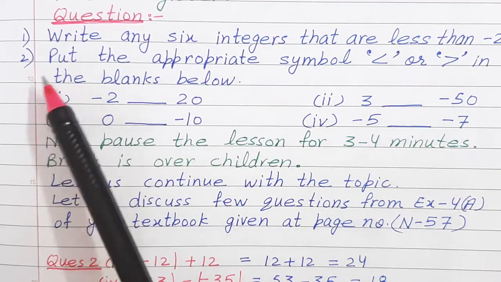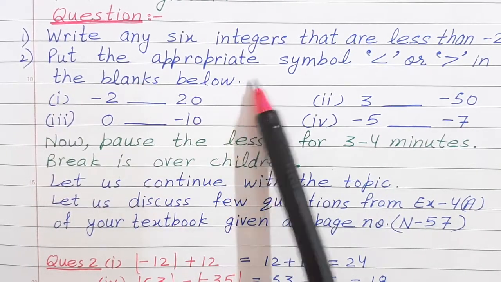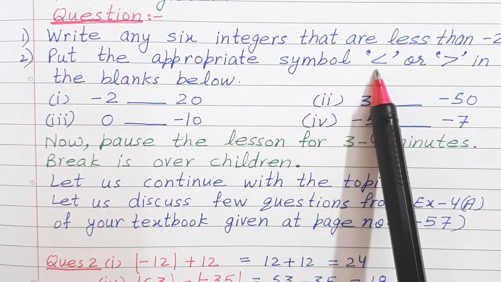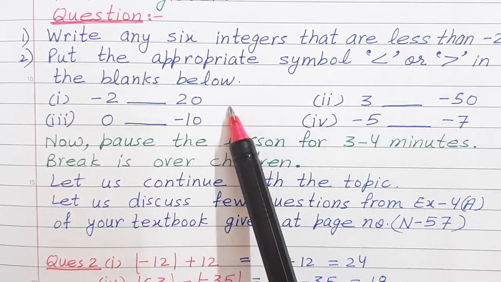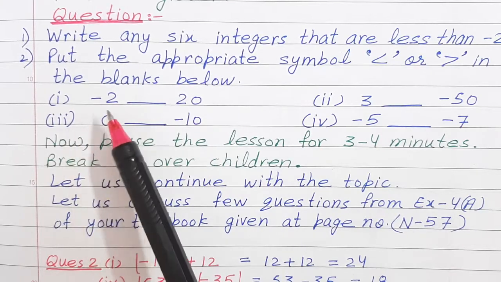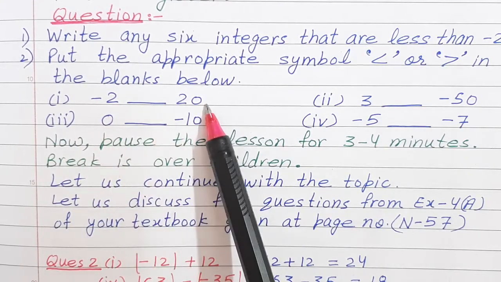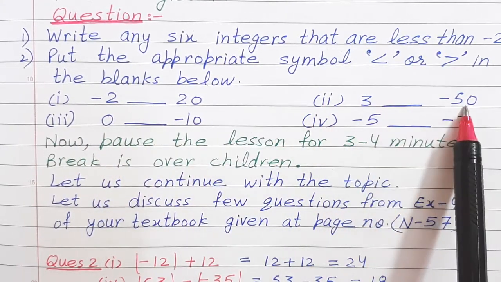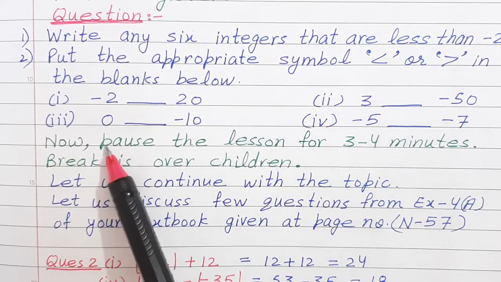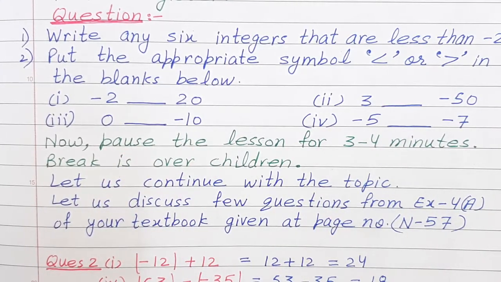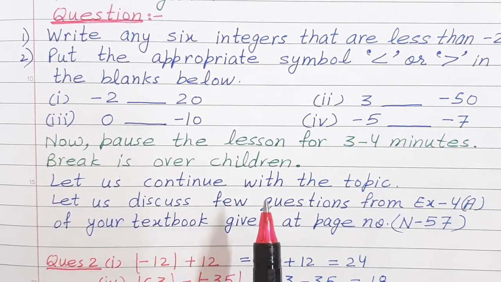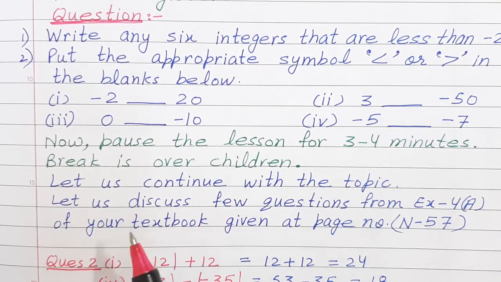Then second is, put the appropriate symbol, that is less than or greater than, in the blanks below. First is minus 2 dash 20, then 3 dash minus 50, 0, minus 10, minus 5 and minus 7. Now you can pause the lesson for 3 to 4 minutes and solve the given question.